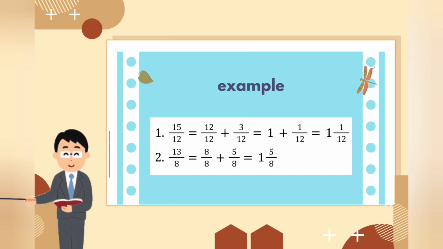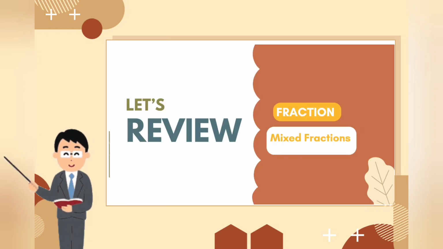Number 2: 13 divided by 8 equals 8 divided by 8 plus 5 divided by 8, equals 1 plus 5 divided by 8, equals 1 and 5 divided by 8.